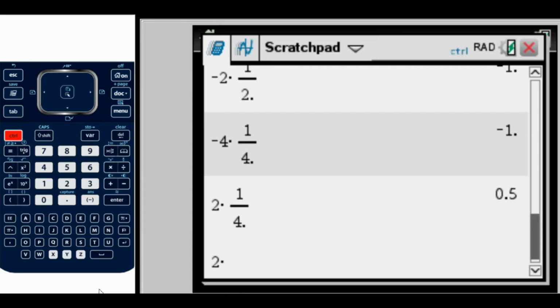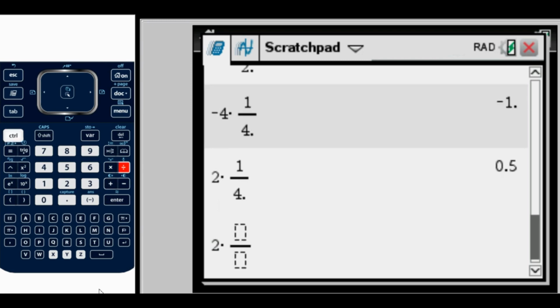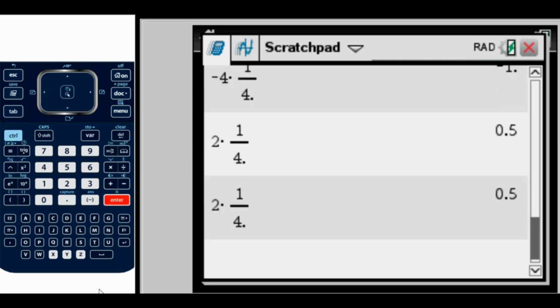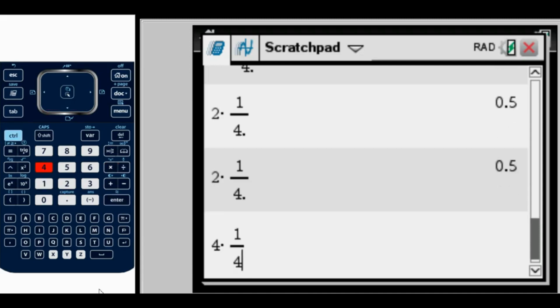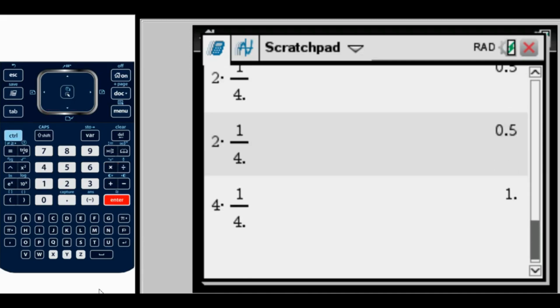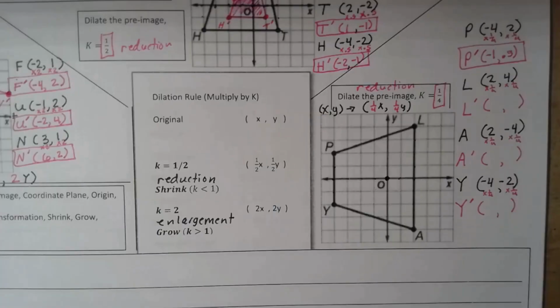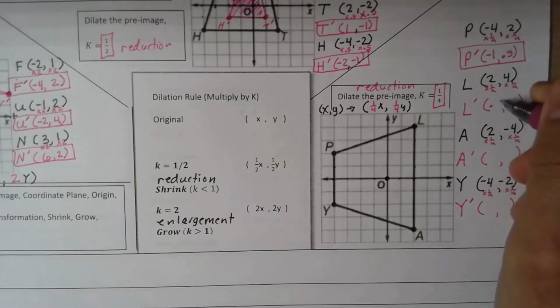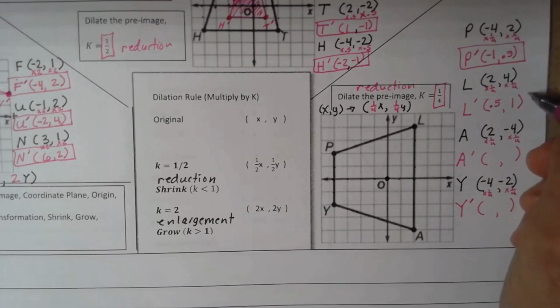2 times 1/4. And then we had 4 times 1/4. So we have 0.5 and 1. So 0.5 and 1, that's L prime.